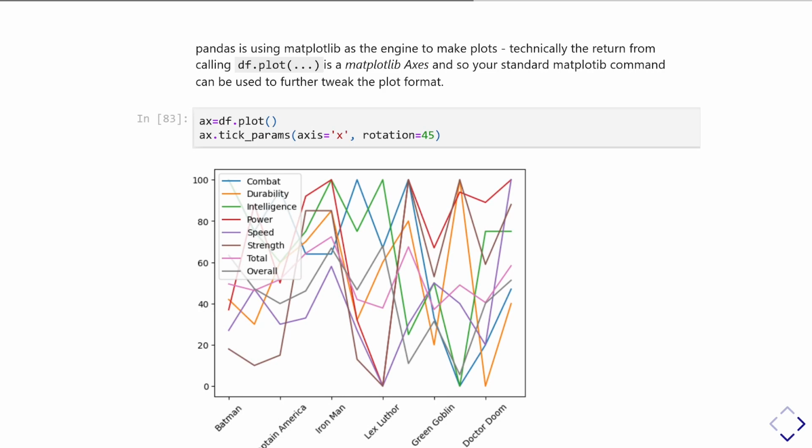So for example, here I've made a simple plot of the data, and I've collected the matplotlib axes in the variable ax. So the result of calling df.plot I've passed to ax. That's a matplotlib axes, and now I can use the matplotlib axes functions to change that. So in this case I'm just changing the x-axis label angle to 45 degrees to make it fit in more easily.